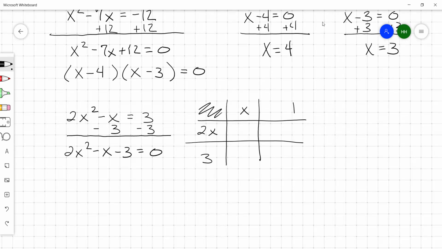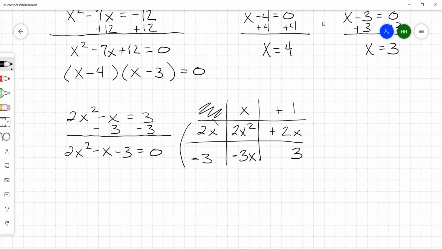So 2x times x is 2x squared. 2x times 1 is 2x. 3 times x is 3x. And then 3 times 1 is 3. But we need a negative x in the middle. So this bigger factor needs to be negative, doesn't it? This needs to be a negative 3x, so this needs to be a negative 3. This needs to be a positive 2x, so that needs to be a positive 1.